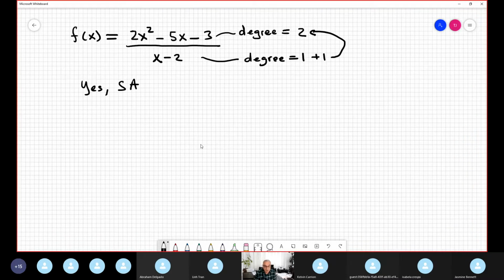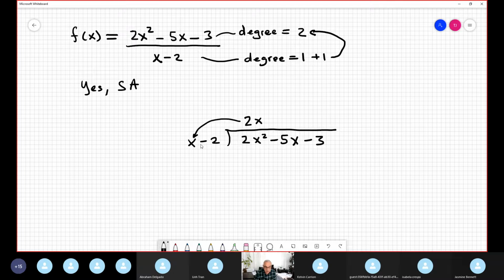Long division, the format looks like that. 2x squared minus 5x minus 3. This is the dividend, and the divisor is x minus 2. Ready to start. It's 2x, no? 2x because 2x times x is 2x squared.